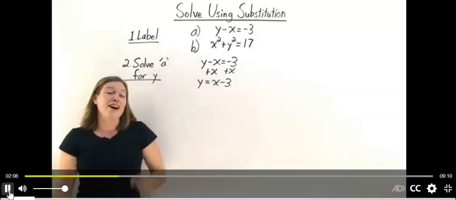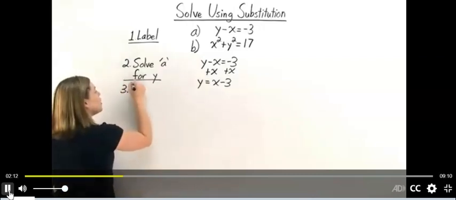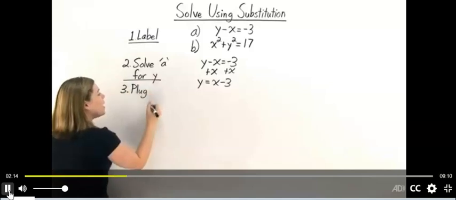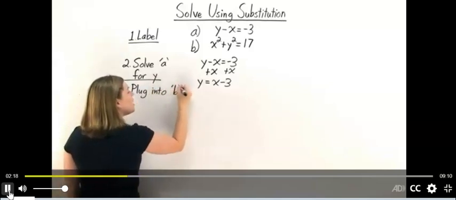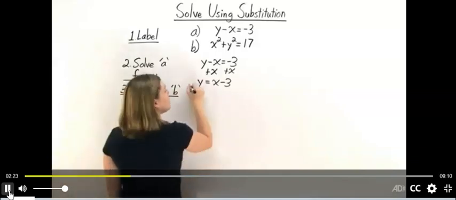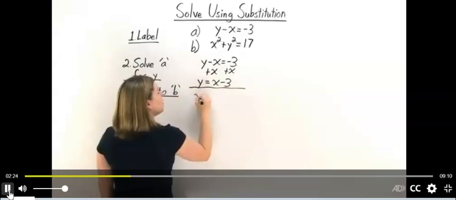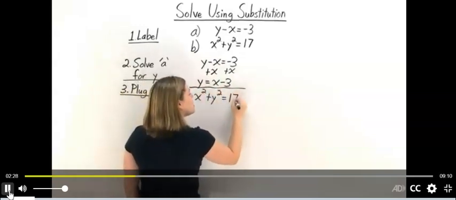Perfect. Now, following the substitution method, we need to take our other equation, equation B. And we need to write equation B, but we need to plug in what we just found for y using equation A. So let's go ahead and write down equation B. We have x squared plus y squared equals 17.